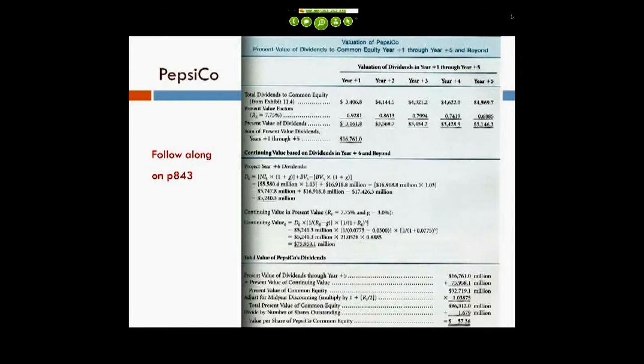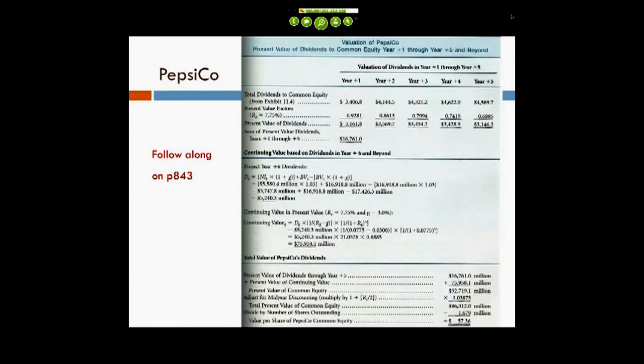And then you, again, multiply by 1 over 1 plus your required rate of return, discounted back. That makes Pepsi's continuing value $75.9 billion. Or $75 trillion.